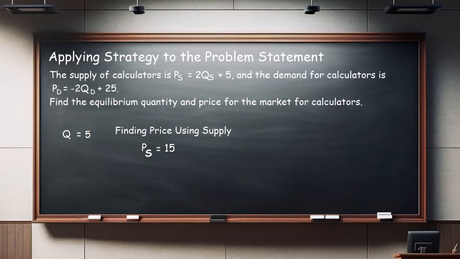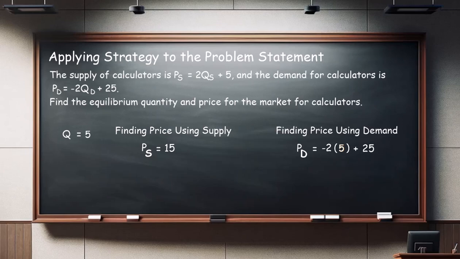Now, let's find the equilibrium price using the demand equation. The demand equation is P subscript D equals negative 2 times Q subscript D plus 25. Let's substitute 5 into the demand equation for Q, and the expression becomes P subscript D equals negative 2 times 5 plus 25.